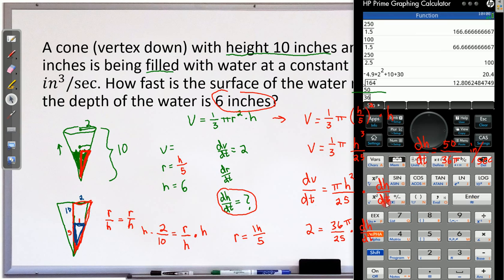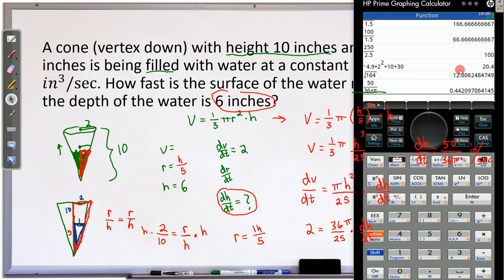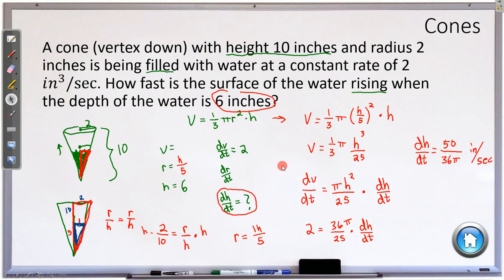So pi is right there. Make sure that pi is in the denominator. 0.442. 0.442 inches per second. All right, so there we have a cone example. Definitely a little bit more complicated, but hopefully that clears things up if you were having trouble.